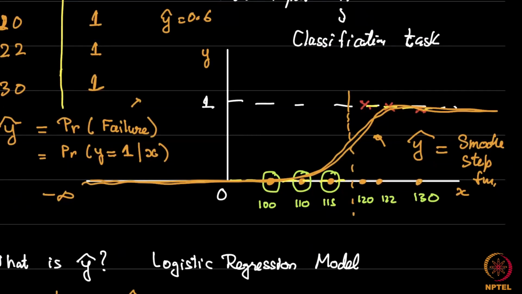So after this step of giving a probability, if you still have to make a choice about whether it is 0 or 1, right of this line, where y hat is exactly 0.5, you will assume that it is more probable to fail. And left of this line, you will assume that this is safe.